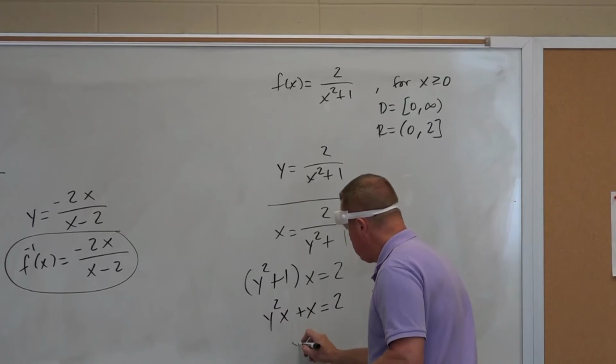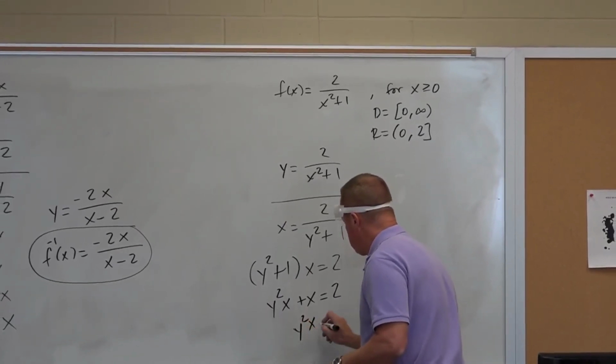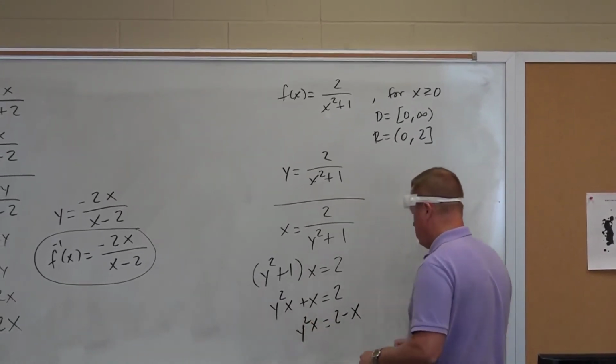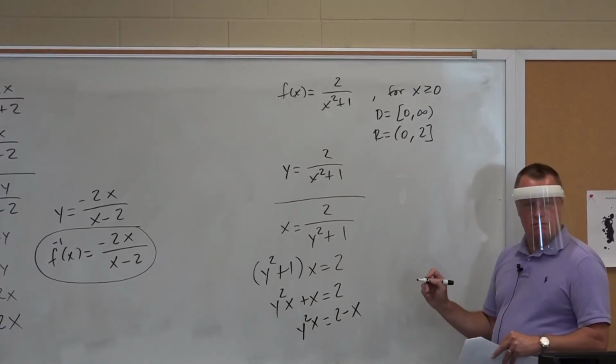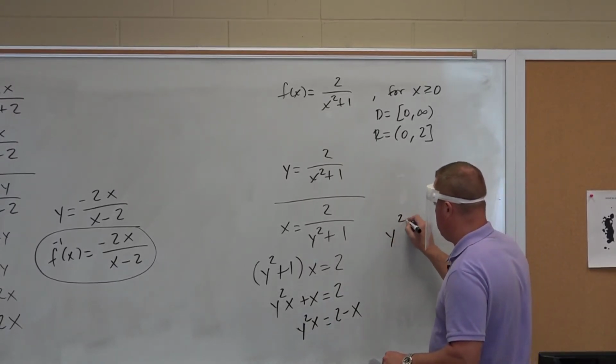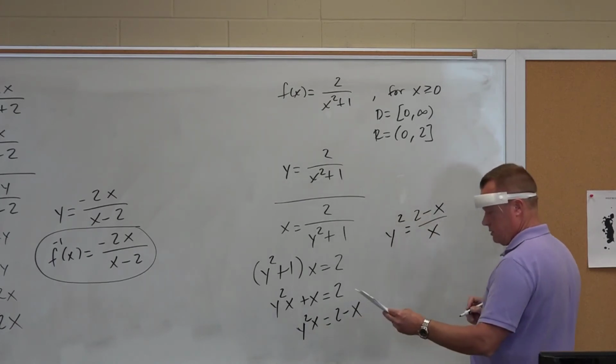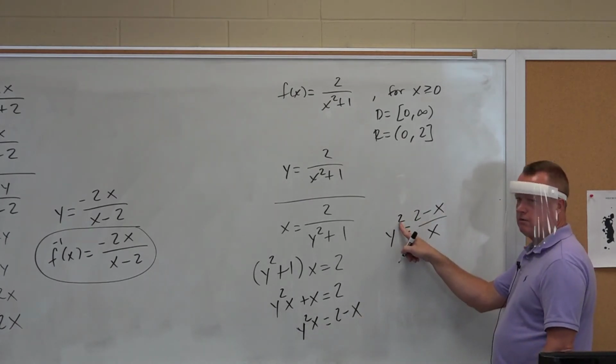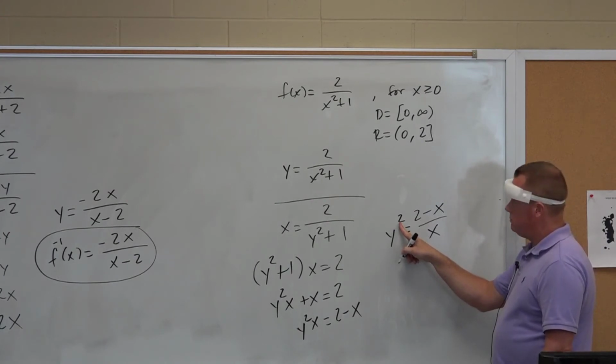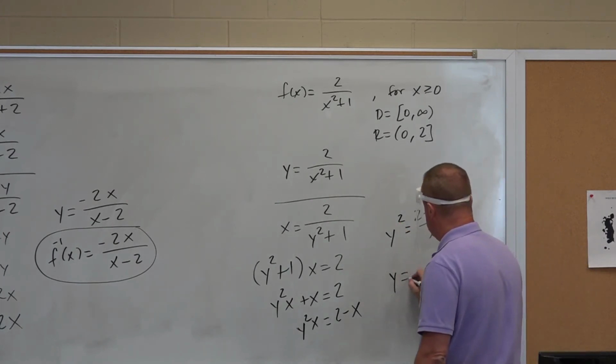Subtract x. And divide by x. Okay. So y squared equals. Okay. And then to get rid of the square, square root both sides.